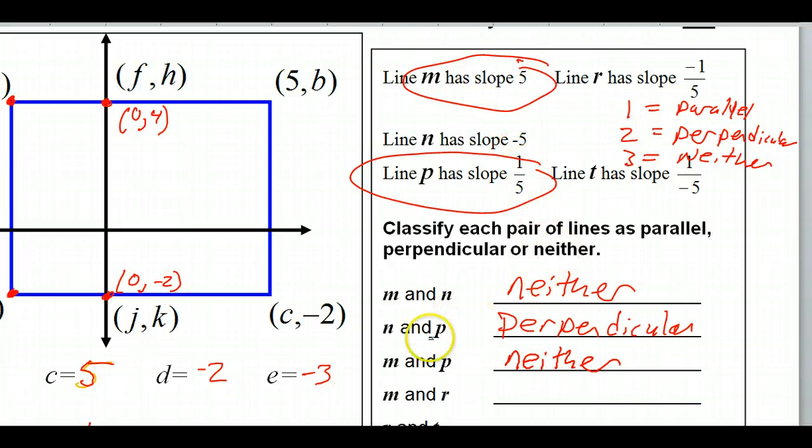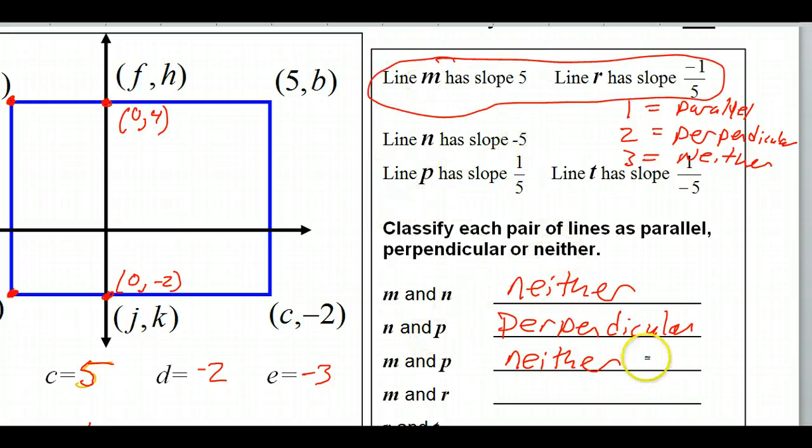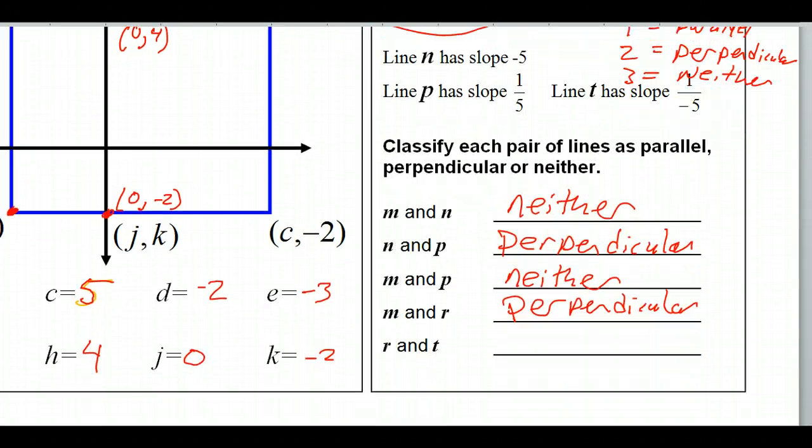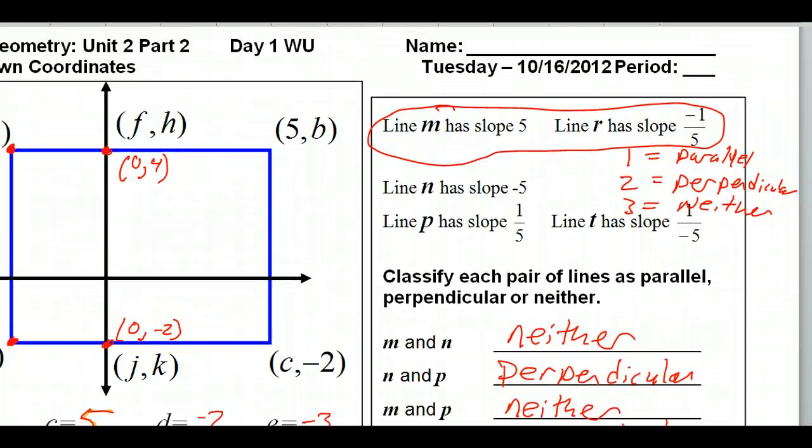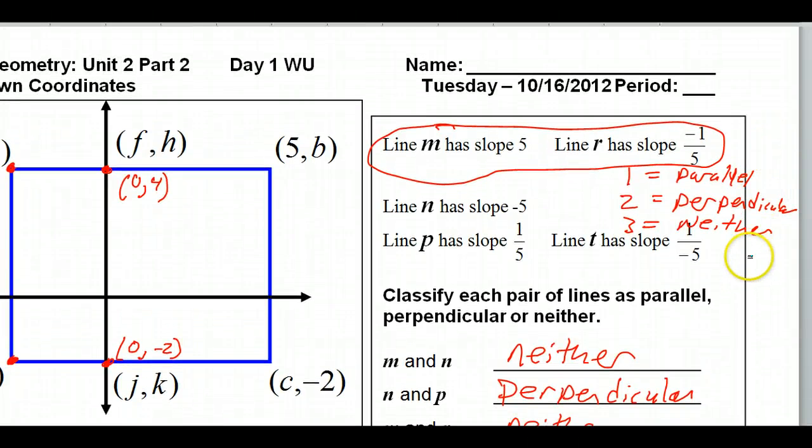Show me on your fingers about M and R. M and R are perpendicular. 5 and -1/5: they're opposite sign and they are reciprocal. What about R and T? Show me on your fingers what you think.